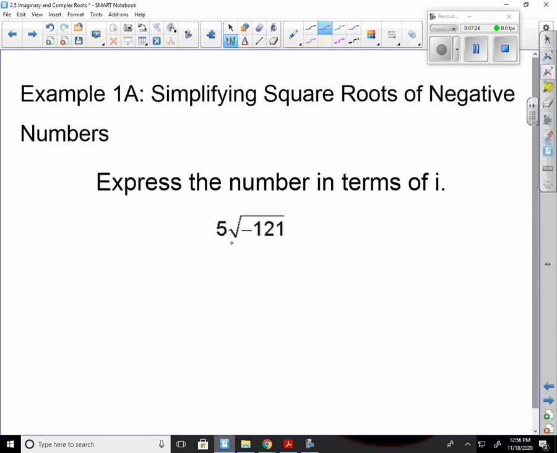The first thing I do when I see this is I break it up. I don't want to deal with that negative in the 121 anymore. So I'm going to break that up to be 5 times square root of negative 1 times the square root of 121.